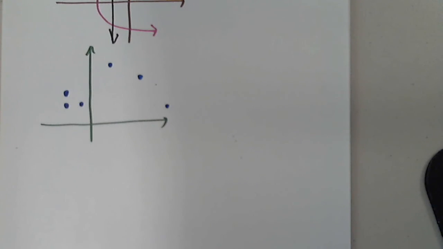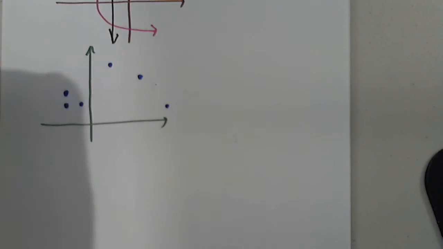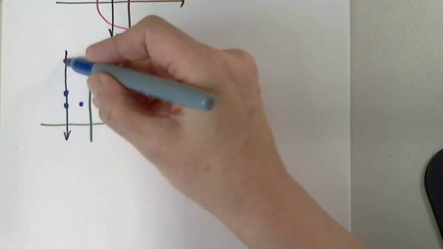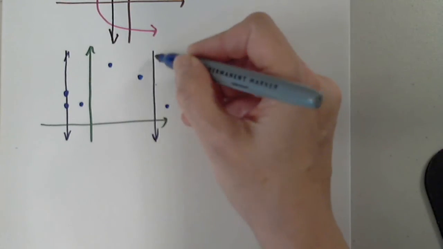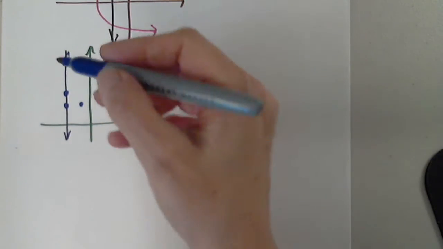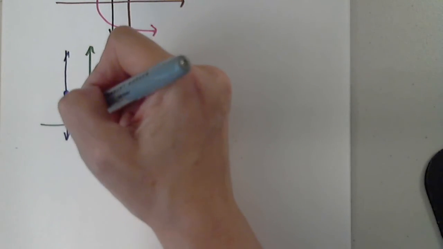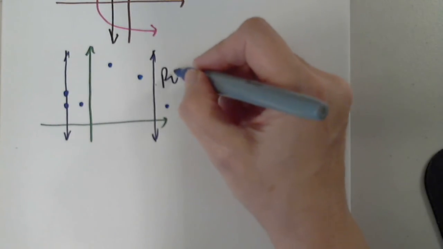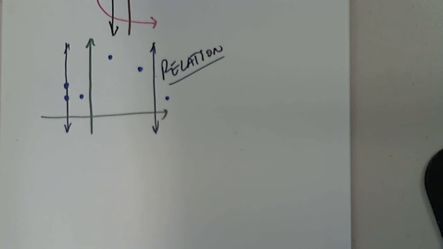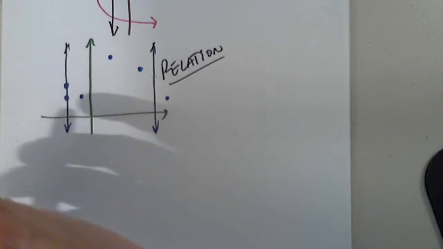Same thing by the vertical line test. Is it or it is not? It is not. Exactly. If I use this, of course there is no point in discussing this vertical line. It doesn't cross anything, right? But this one is hitting 2 points, so this is a relation. Good. Very good.